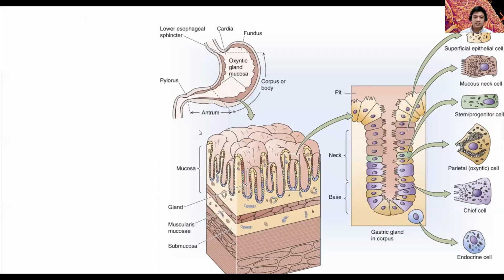Okay, and lastly, which we will later learn in our discussion of the endocrine system, we'll also find in the layers of the gastrointestinal tract cells that secrete hormones into the blood.